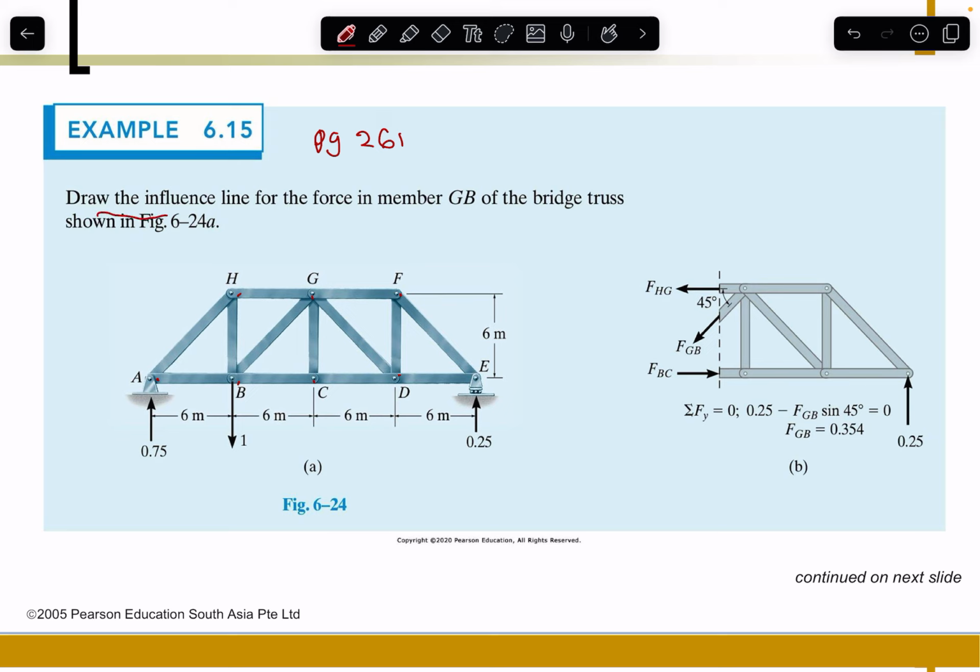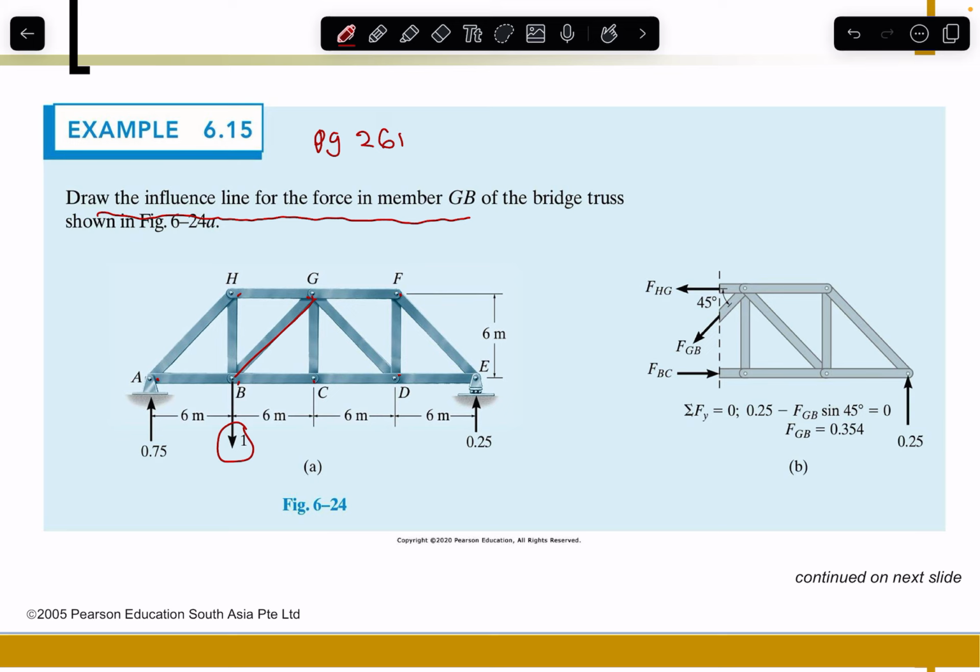The question asks you to draw the influence line for the force in member GB. So what you need to do is to move the unit load of 1 kilonewton.